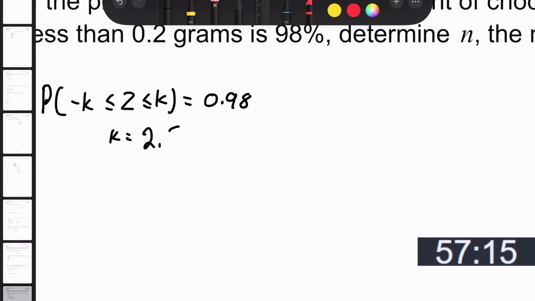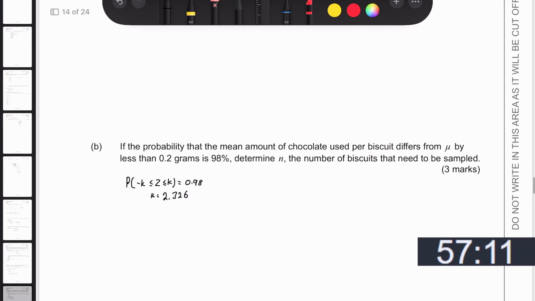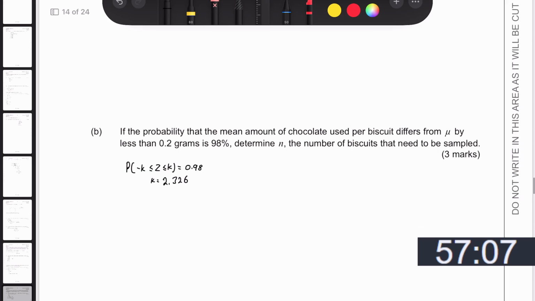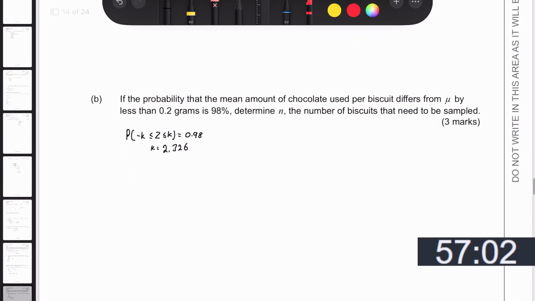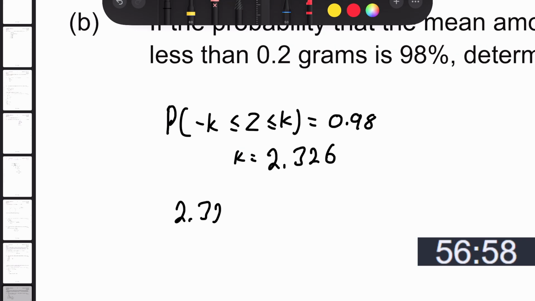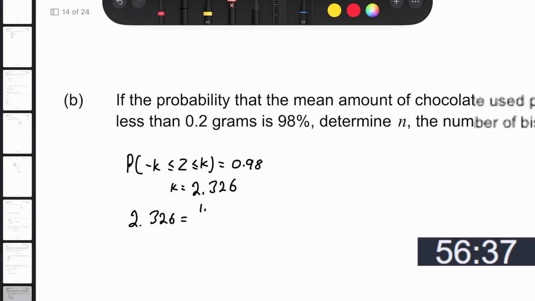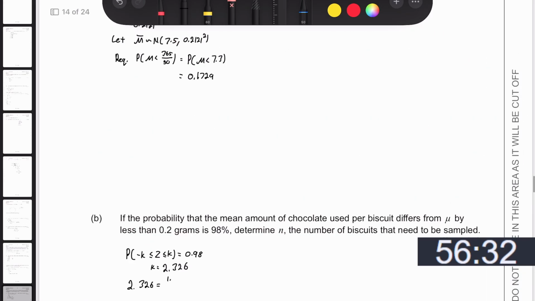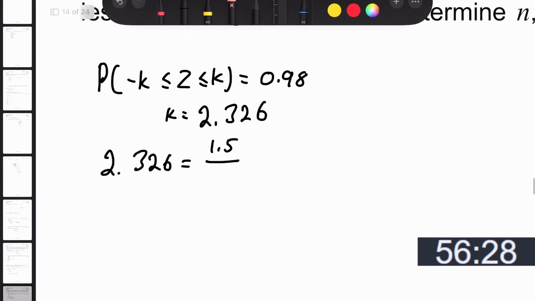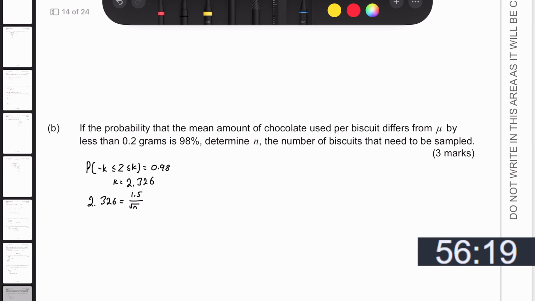So this needs to be 2.326 standard deviations away. So then 0.2. Wait, what am I doing here? I can't think right now, guys. So then, since this is that many standard deviations away, then I need 1.5 over the square root of n. That doesn't make sense, does it? Oh. 98%.